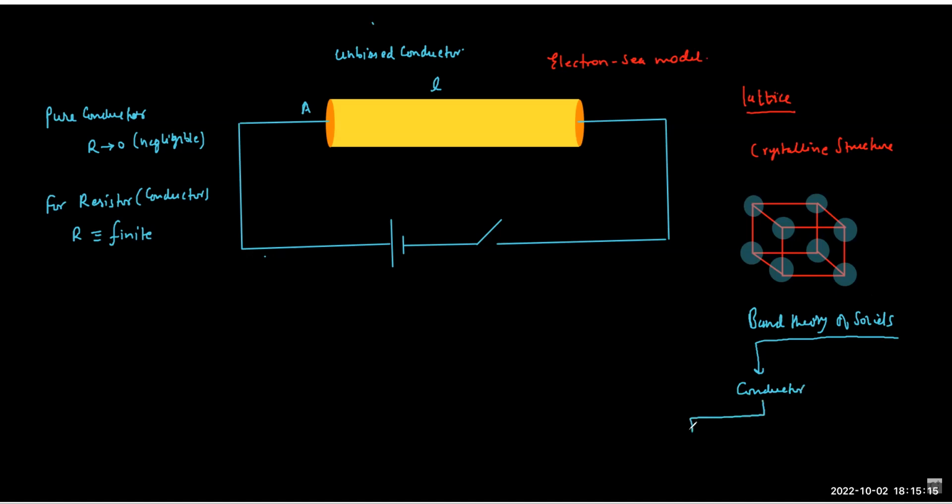There are two types of band: one is called the conduction band, and another is called the valence band. Sorry, my bad, it's called valence band.